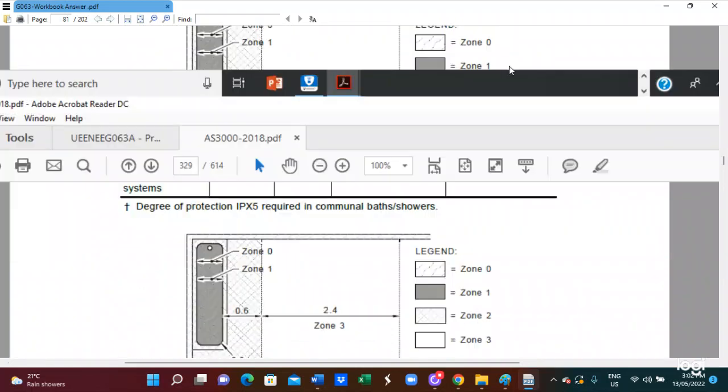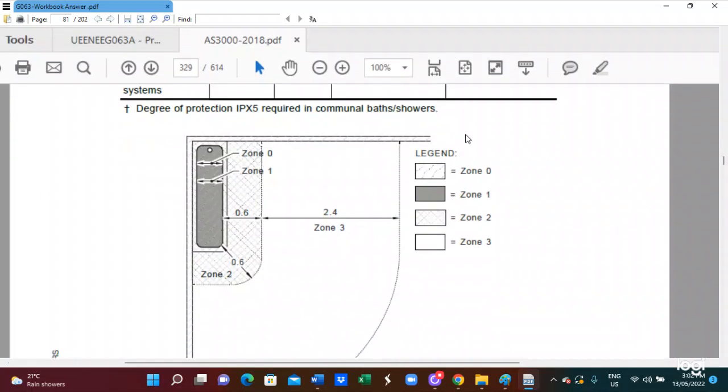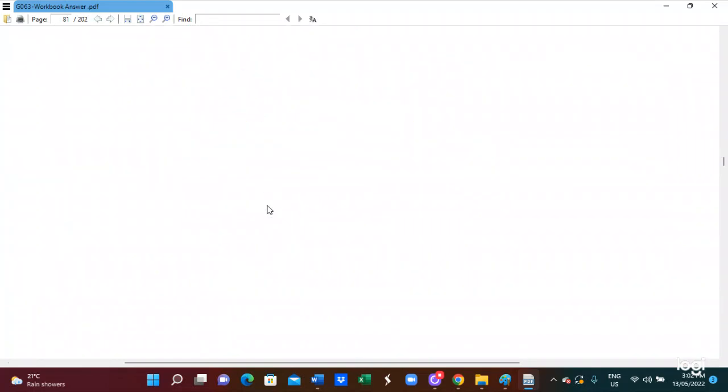Those things you have to read through. And this diagram shows the protection zones: zone 0, zone 1, zone 2, zone 3, like this.